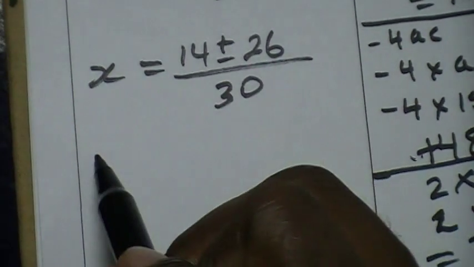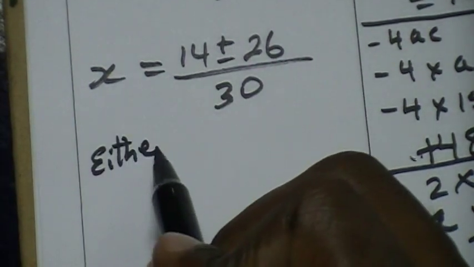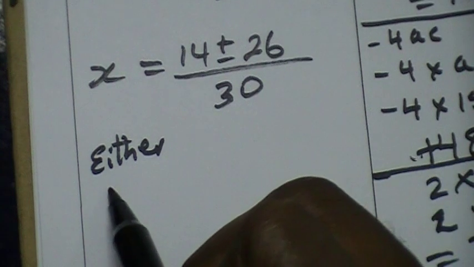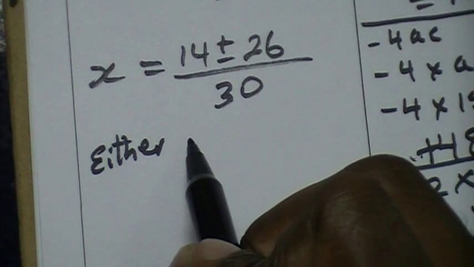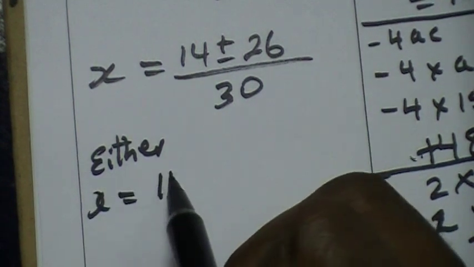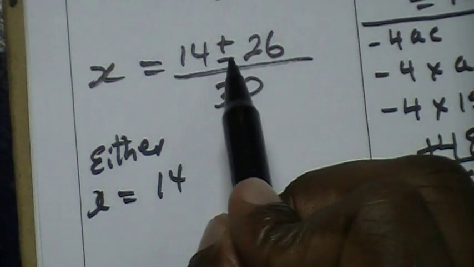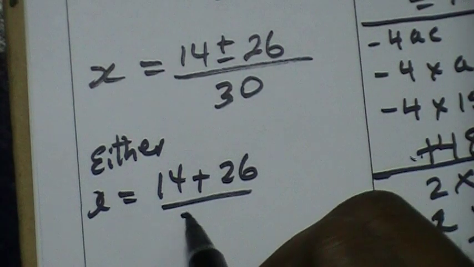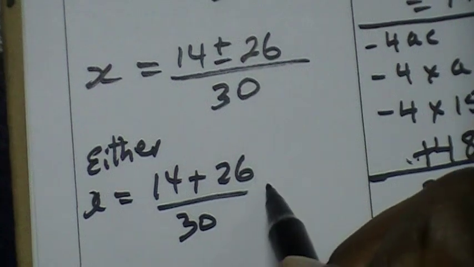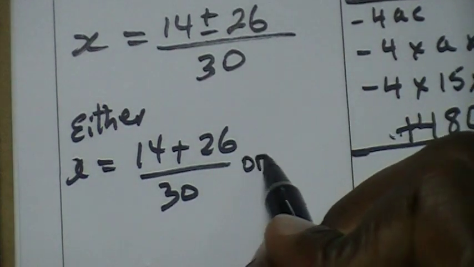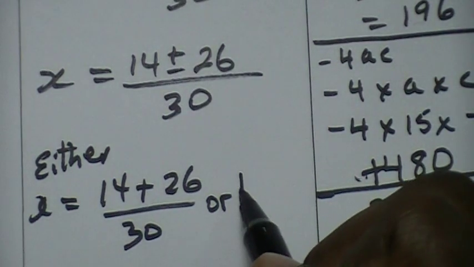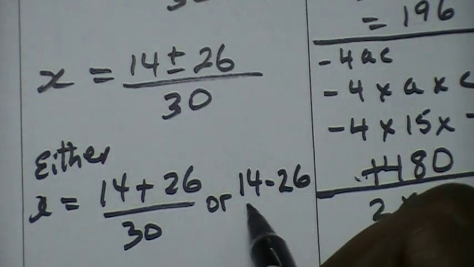That means we're going to have either x equals 14 plus 26 over 30, or we take the minus this time, so we have 14 minus 26 over 30.